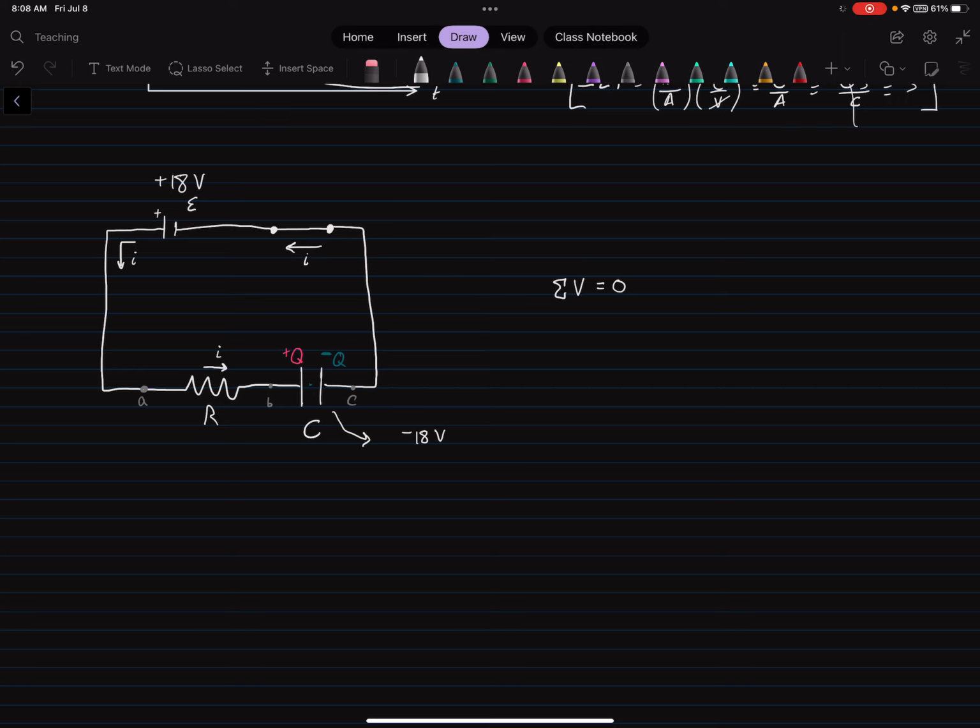So positive 18 volts minus, now the capacitor is fully charged to negative 18 volts. So that's 0 volts, and so V equals IR, right? I equals V over R. And if V is 0, then I is 0, and there's no charge moving, and so there's no more accumulation of charge on its plates. So it has no physical way to keep charging because the battery has, so to speak, been all it can be.